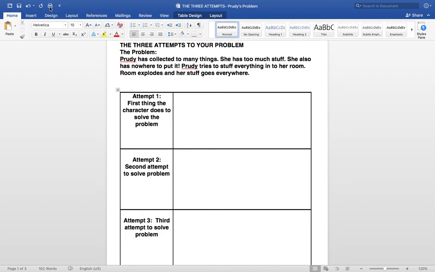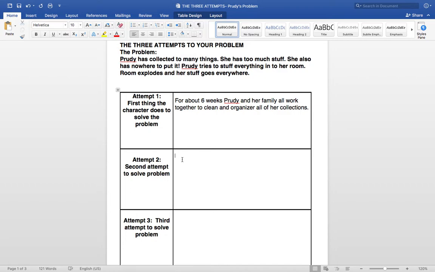So the first thing that they do to fix the problem is, for about 6 weeks, Prudy and her family all work together to clean and organize all of her collections. Okay? Were they able to do that? Just cleaning and organizing the collections, did they solve the problem? No, they haven't solved the problem yet.